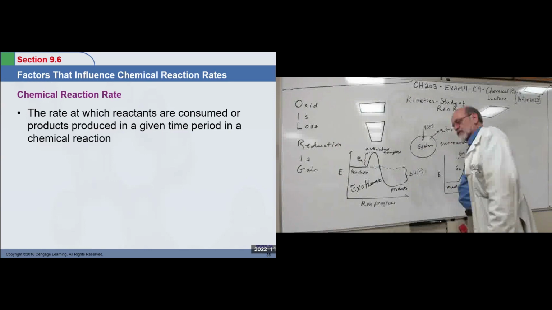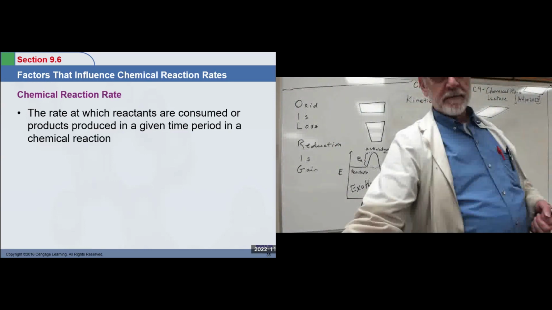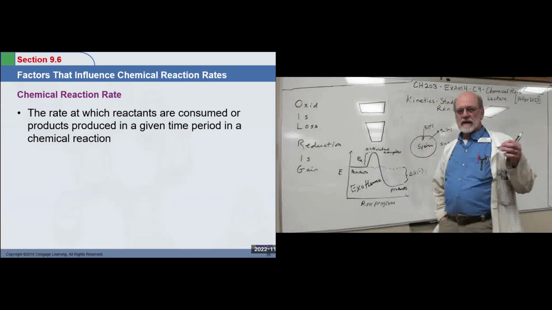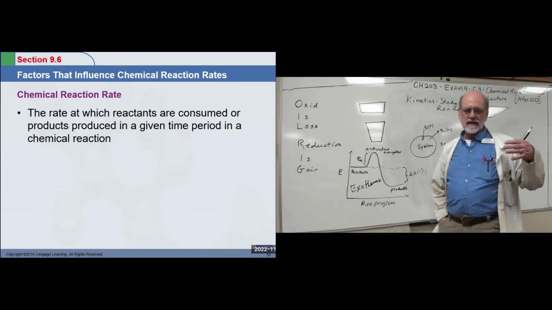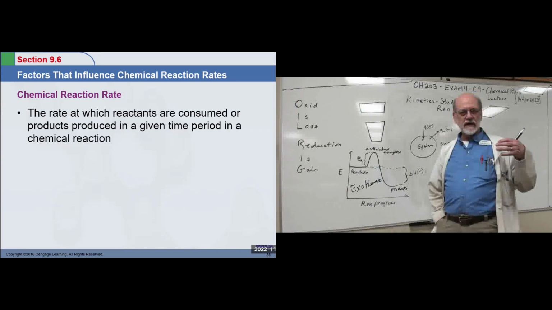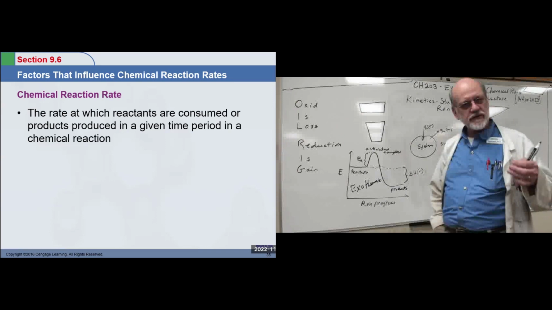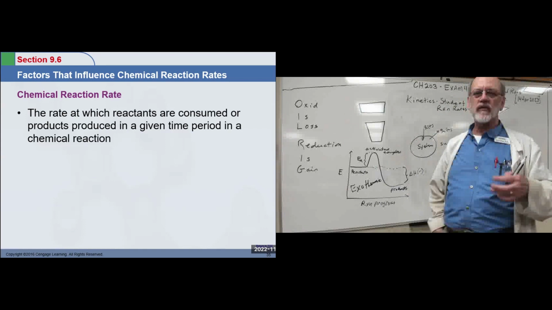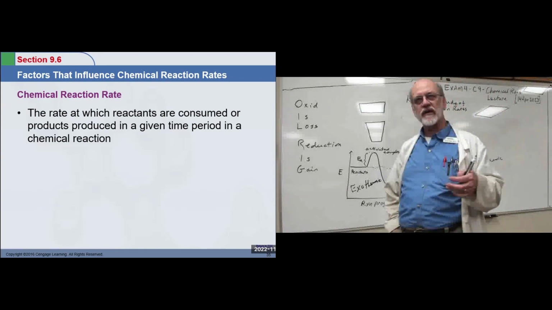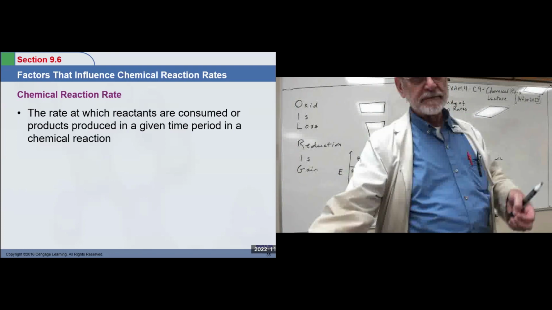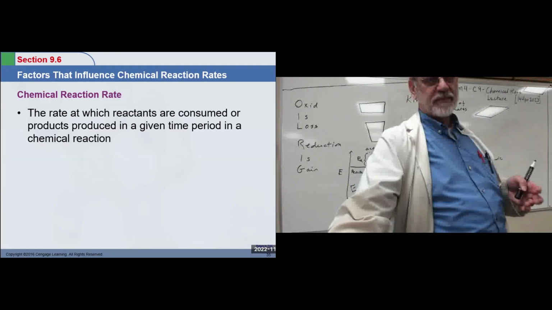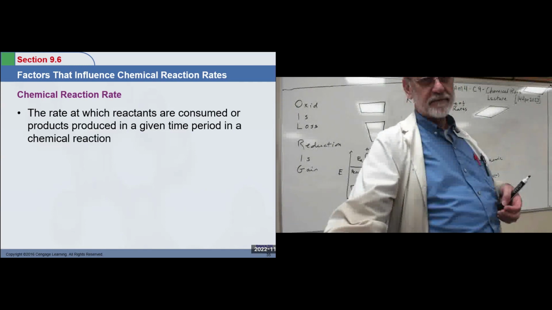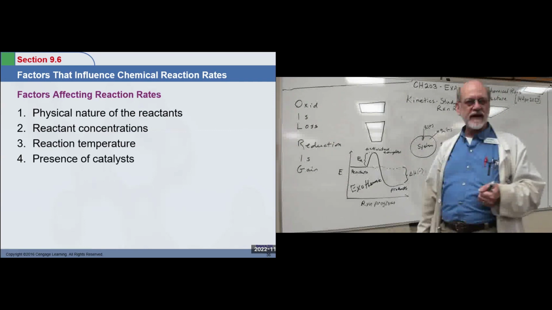It's usually studied in terms of initial reaction. In other words, we start off with a certain amount of reactants and the reactants disappear. It's easier to follow them that way than to try to track the products that are produced. You can do it both ways, but it's easier to do it from the reactant side than from the product side. So what factors affect the reaction rates?